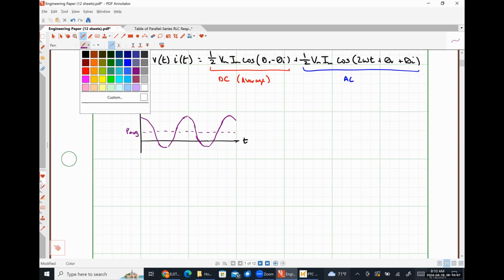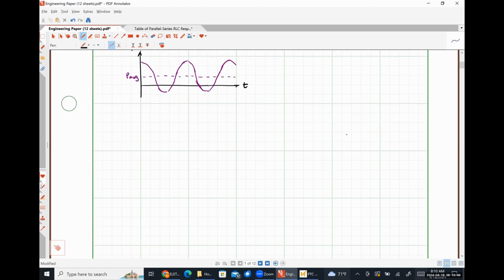So if I were to represent this with a simple picture, just for the sake of argument here, let's say that we have a YY system.